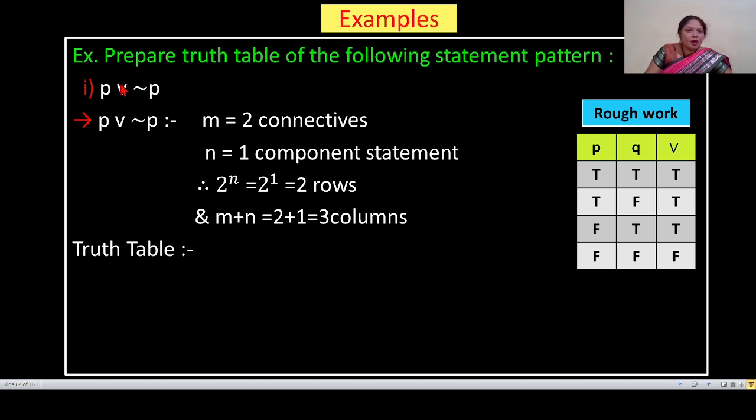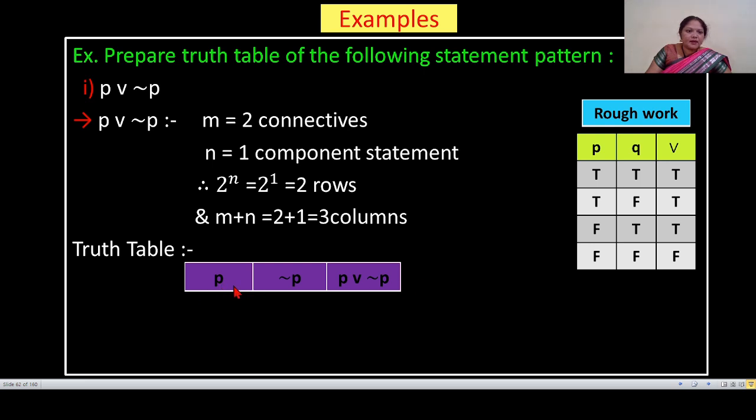In the truth table of P or negation P, there are 2 rows and 3 columns. In the statement pattern, there is only one main statement, and therefore P is the main statement and the first column is P. The second column is negation P and the third column is P or negation P. Statement P is either true or false.